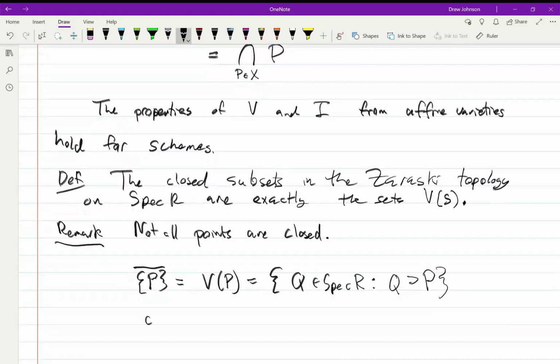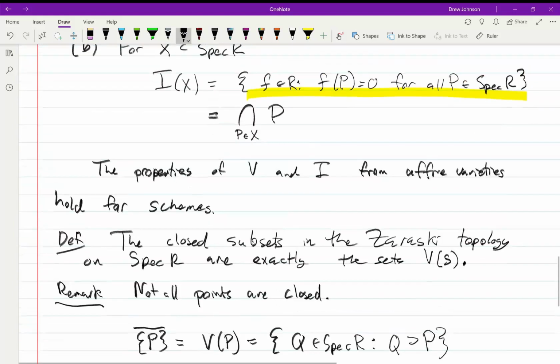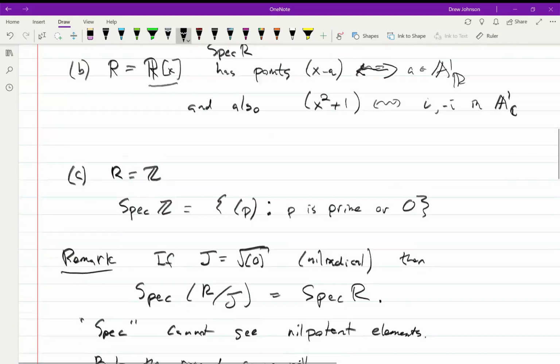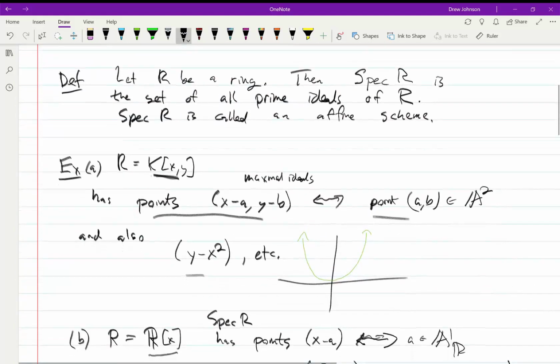So in fact, closed points correspond to maximal ideals, which we kind of alluded to earlier. Let me just scroll back up to where we were looking at this one here. We were looking here at A2. The maximal ideals corresponded to the closed points.